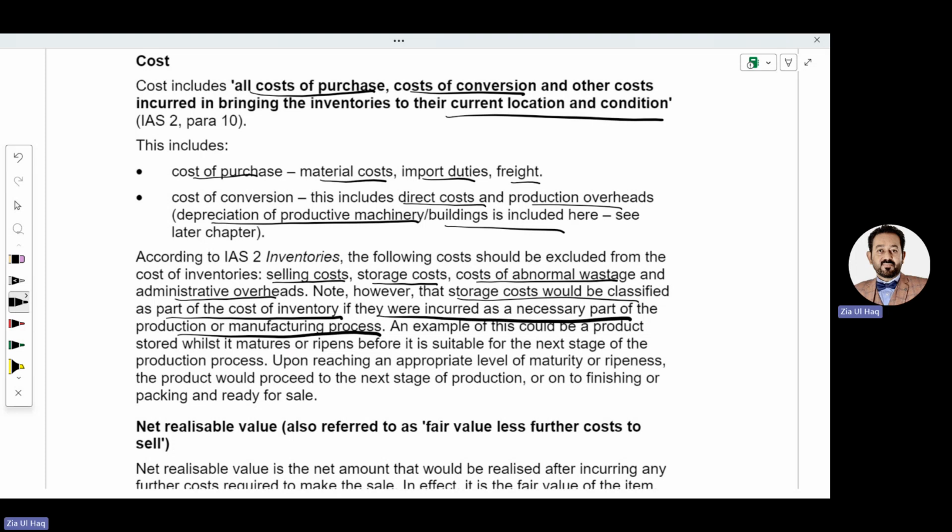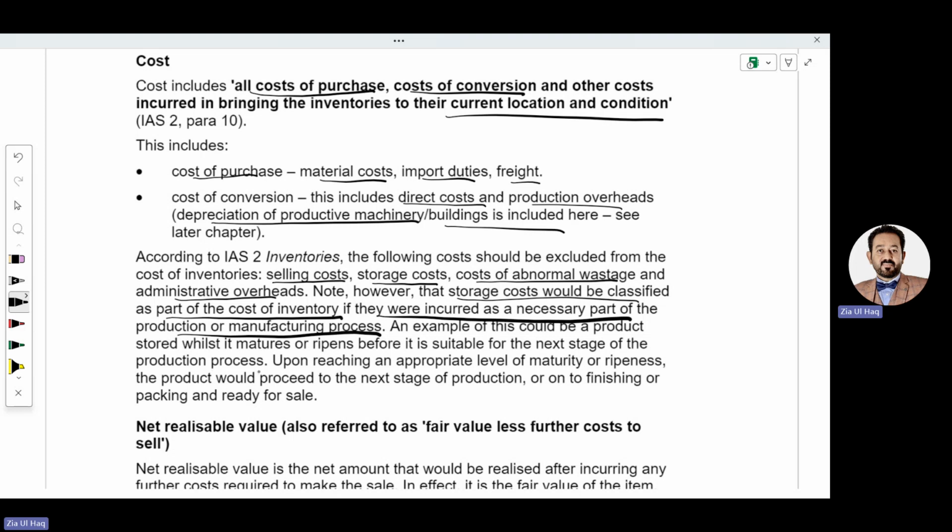But after production, if you are holding finished goods inventory, that storage cost will not be part of inventory cost. That will be other expense. Should be charged to profit and loss account rather than to cost of sale or production cost. An example of this could be product stored while it matures or ripens before it is suitable for the next stage of the production process.